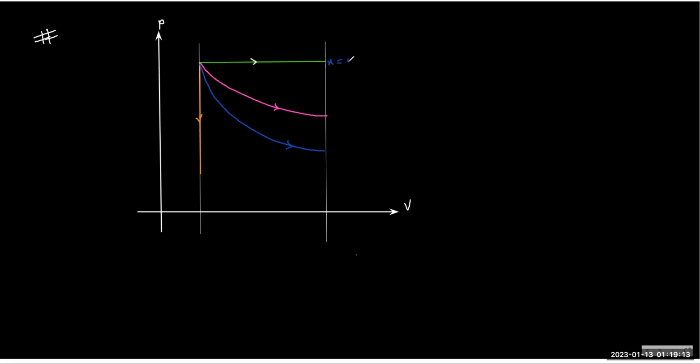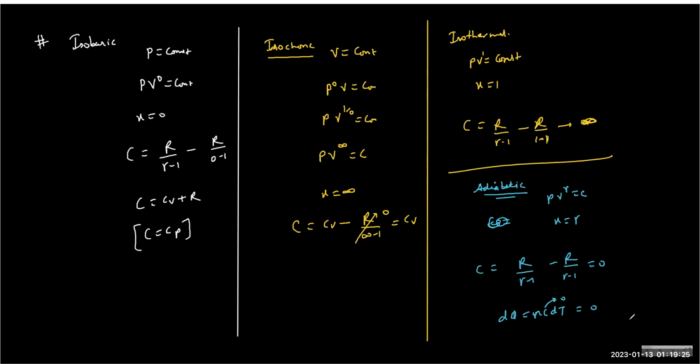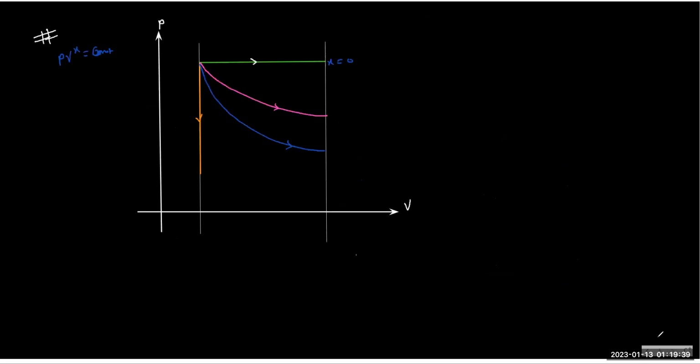So what is X here? If you remember, in the PV power X formula, for isobaric X is 0. If this is isobaric, this is isothermal, this is adiabatic, and this is isochoric, all done.